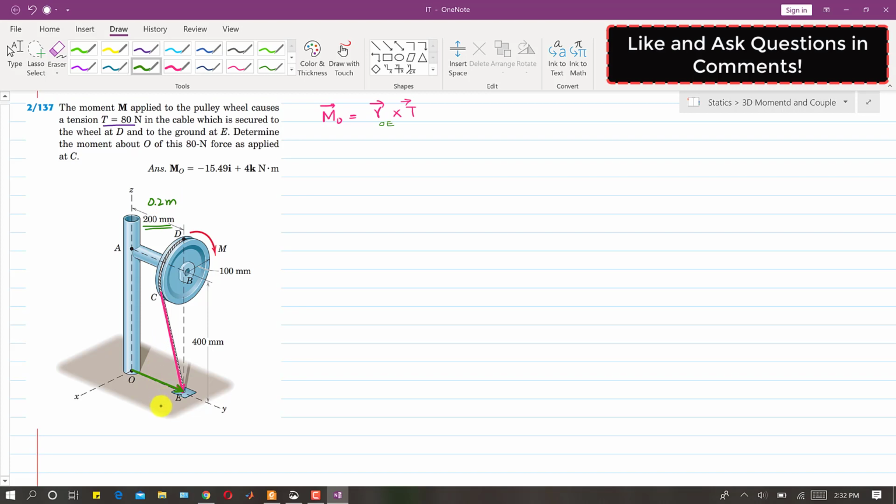So the R_OE vector will be equal to 0.2, and since this is in the positive y direction, it will be plus j. So 0.2 j is the vector representation of this moment arm.